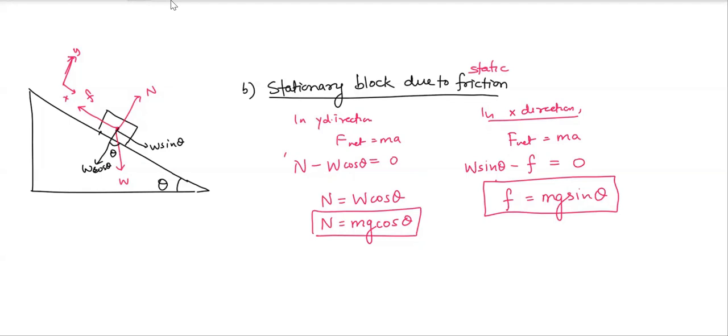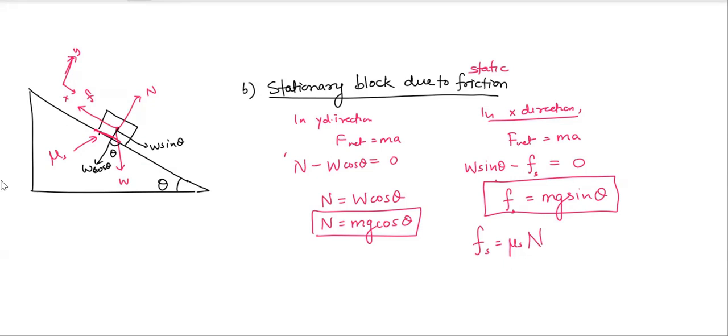Now, we know that this is a static friction. If there is a coefficient of friction along the surface, let's say it is mu s, then we can write static friction equal to mu s times n. So mu s is the static friction coefficient between the block and the inclined plane.